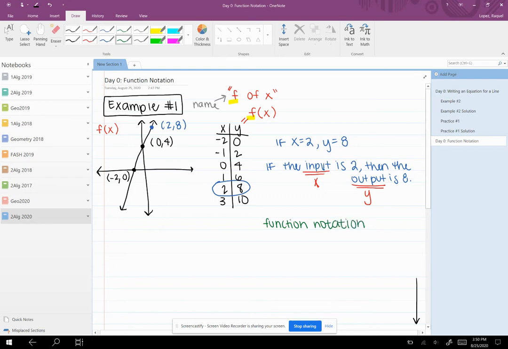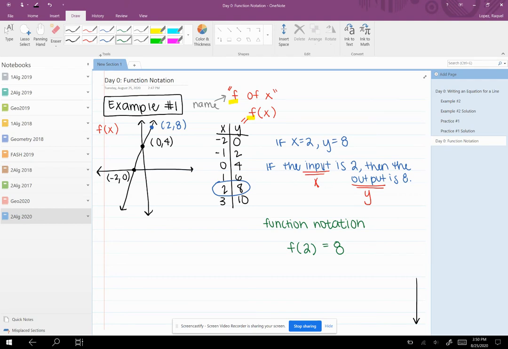We use function notation to express the ideas that we just wrote above. So we shorthand the idea that when x equals 2, y equals 8, like this: f of 2 equals 8. That is a third way of expressing that the point 2, 8 is on the graph. It's another way of expressing the point 2, 8 is on the table.